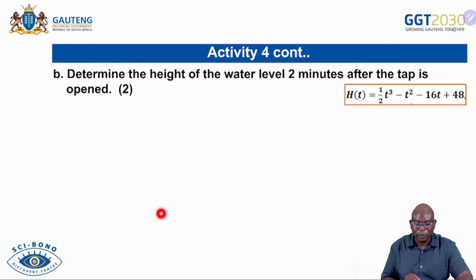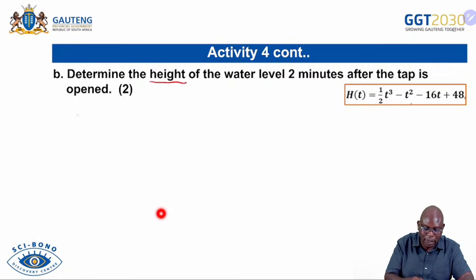Now, the second question says, determine the height of the water level 2 minutes after the tap is open. So I'm still talking about the height, meaning that I'm only substituting the value of t by 2.